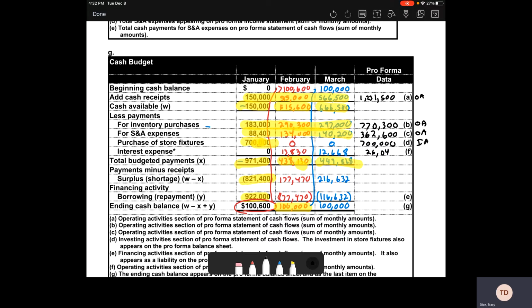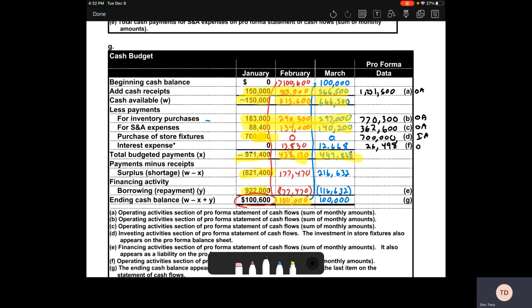Sorry, I punched it in wrong. And again, this is going to be another operating activity because it's interest expense.